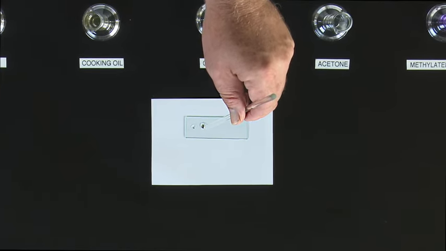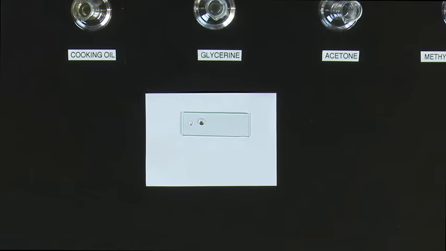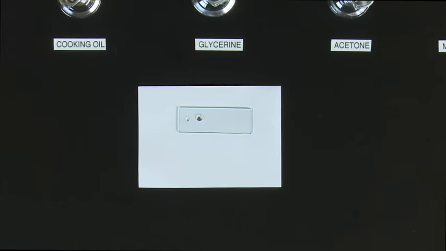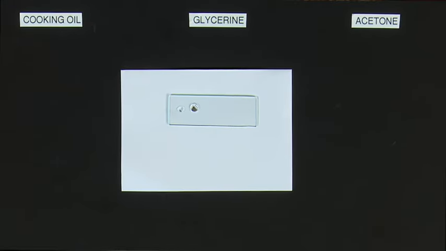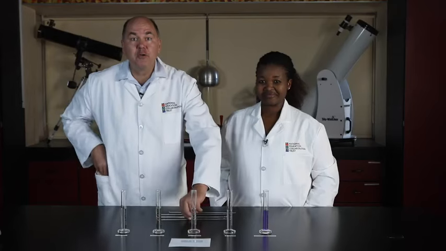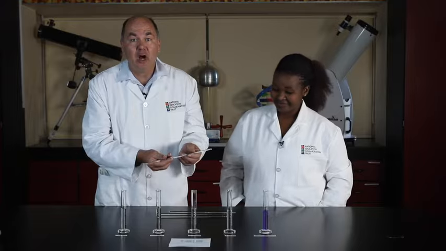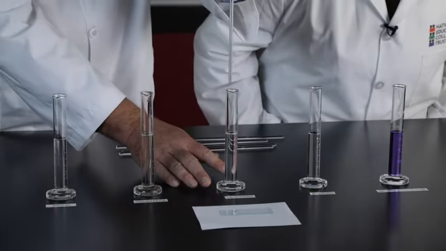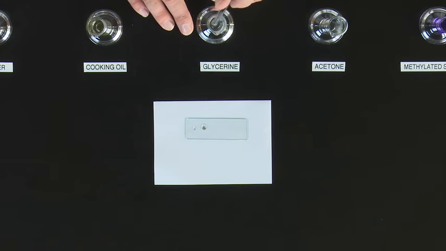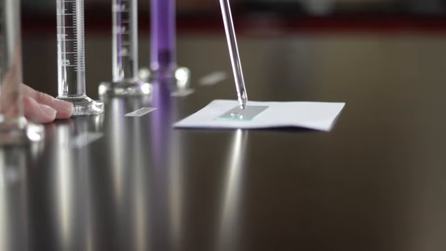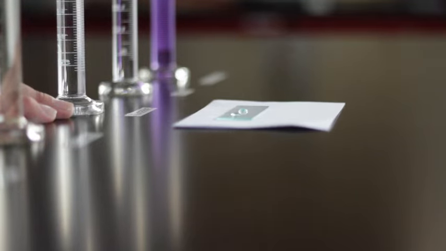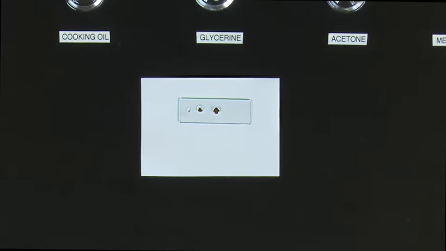Here is a droplet of cooking oil on the glass slide. Draw its outline shape in your table of results. And now we are transferring a droplet of glycerine onto the glass slide. Draw the shape of the droplet.